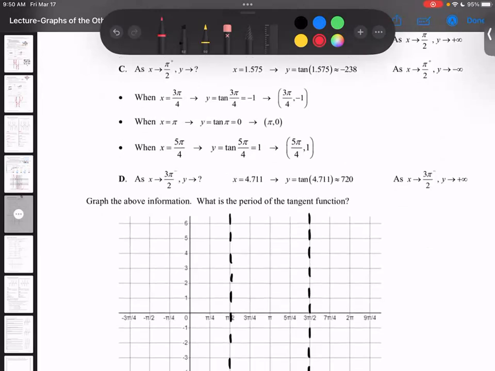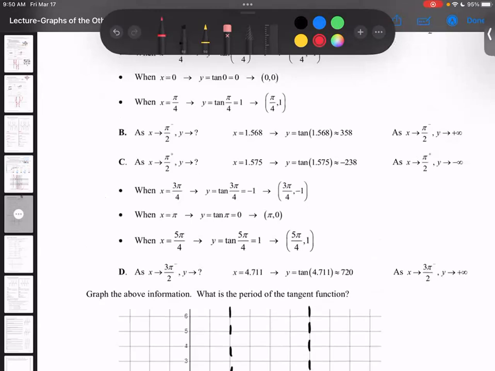So say if I want to know what happens to the left of x equals pi half, I get closer and closer to pi half from the left. Similar argument, you pick something that's slightly smaller than pi half, use your calculator to compute it, and plug into the tangent function.